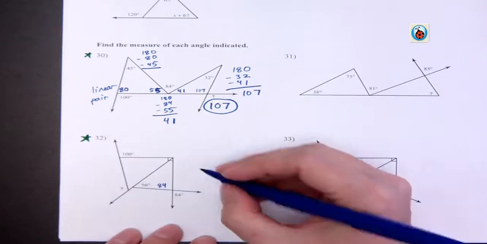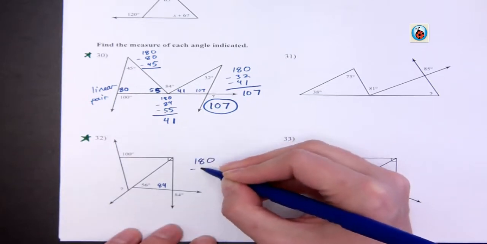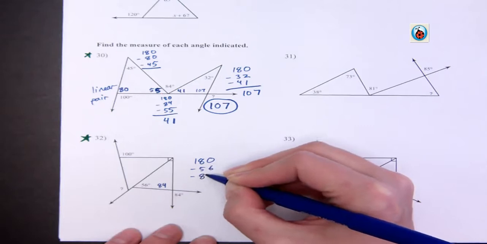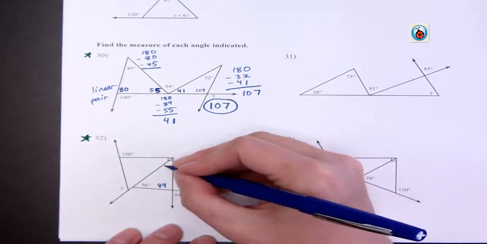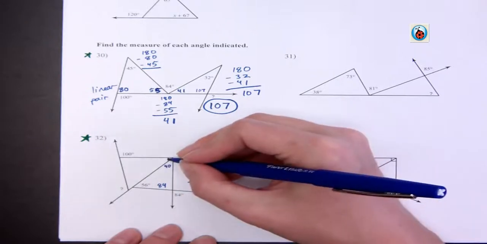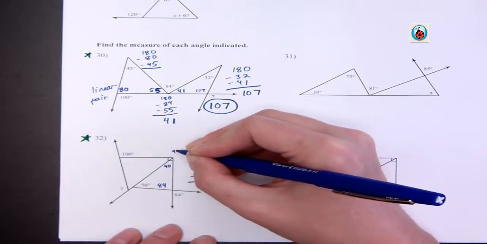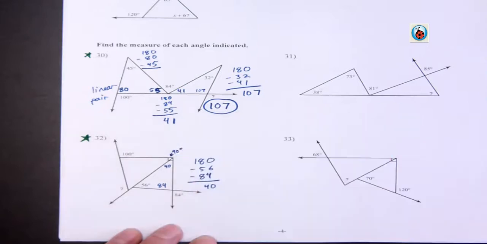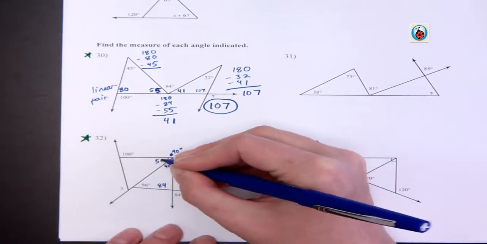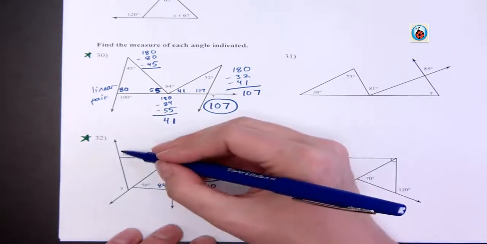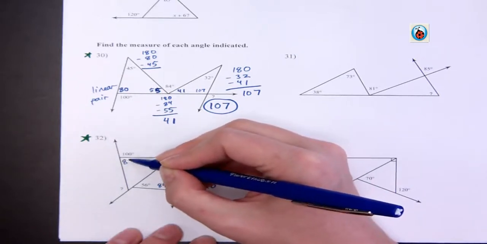84. And then do my 180 minus 56 minus 84 to get 40. Okay. Remember the square here means this is 90 degrees. That's what the right angle symbol means. So if this side of the 90 degrees is 40, this side has to be 50. We have our linear pair here again. That makes that 80.